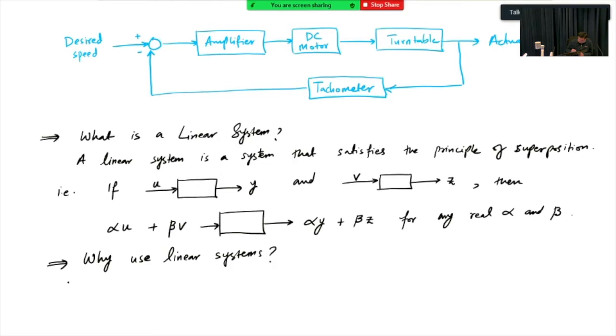Okay, so there are several reasons. One is that they are really simple, and we like simplicity. So, simple and easy to work with.